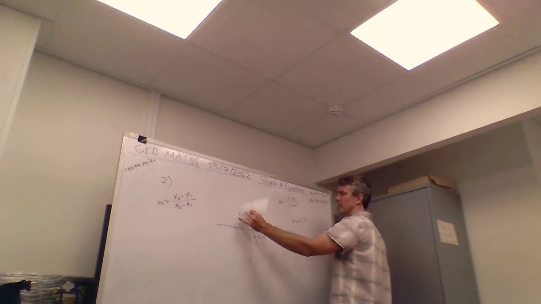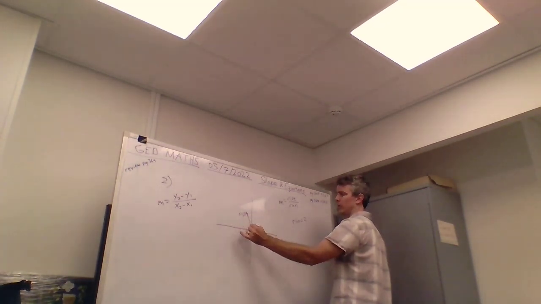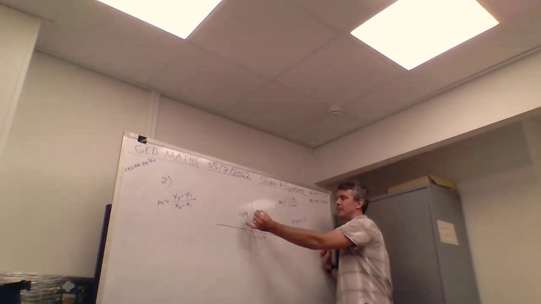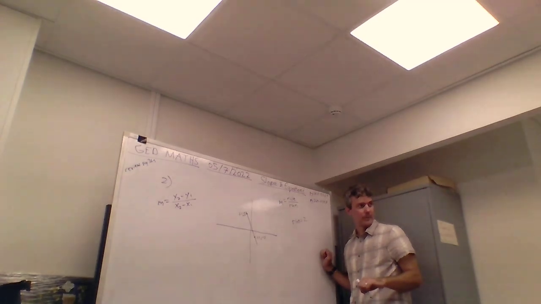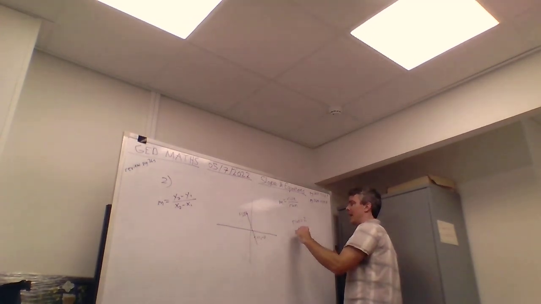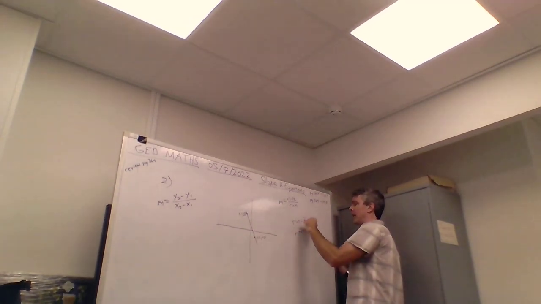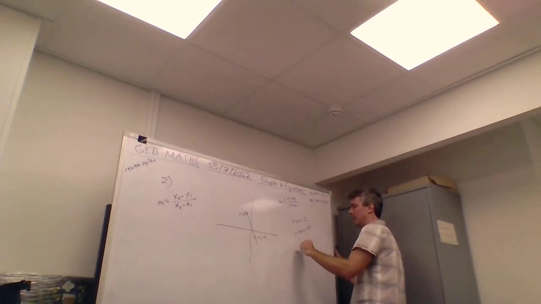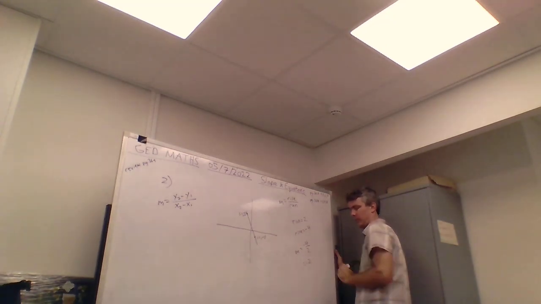And rise, 1, 2, 3, 4. Is it up or down? Down. So it's minus 4. So rise equals minus 4. Therefore the slope equals minus 4 over 2, which is minus 2.